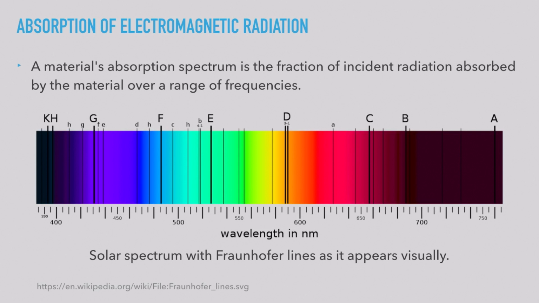This puzzled scientists: why do we have dark lines when sunlight is supposed to have all the possible spectrum from the whole range of electromagnetic radiation? But it was found that there are some ions present on the surface of the sun which absorb specific radiation, with some range of frequency, and that's why it produced these dark lines.